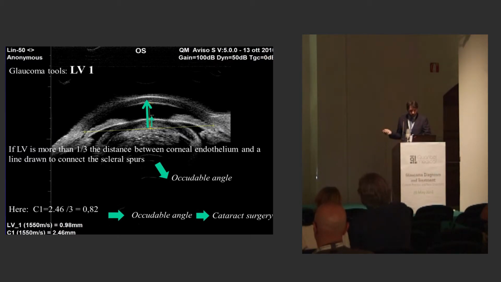And then the LV, that is the distance between the line joining the scleral spurs and the anterior pole of the lens. Well, when LV is more than 1/3 of the distance between the corneal endothelium and the horizontal line, we can have an occludable angle, like in this case, that is a phacomorphic glaucoma.